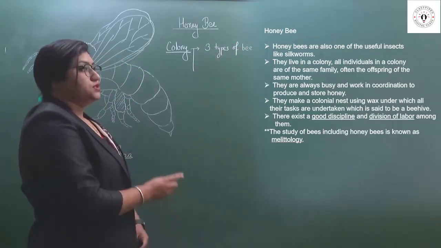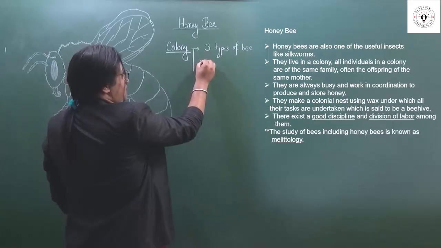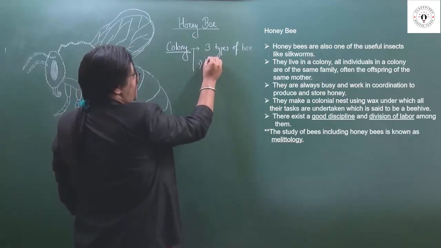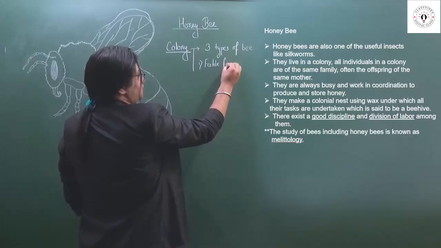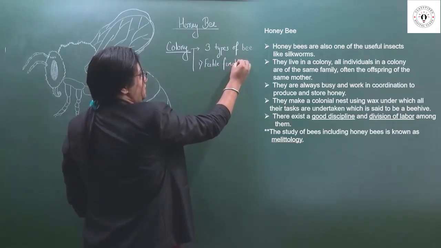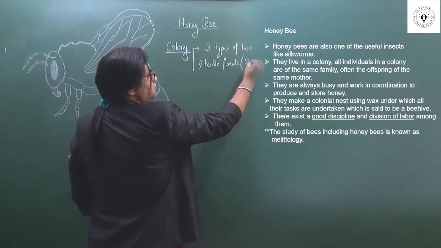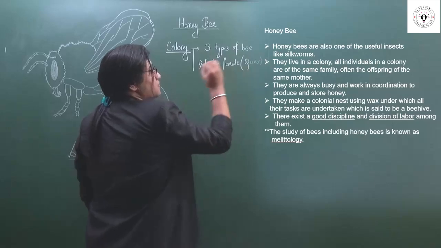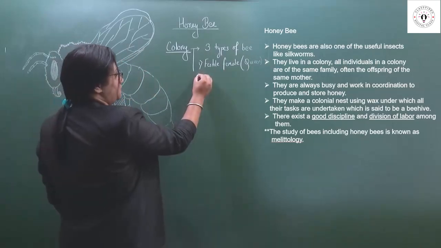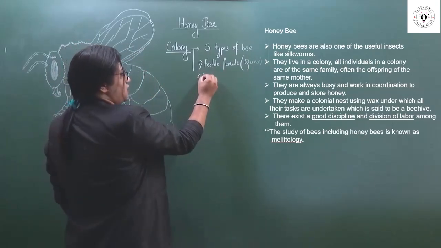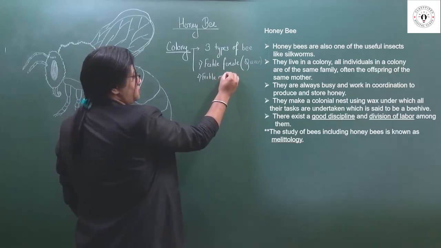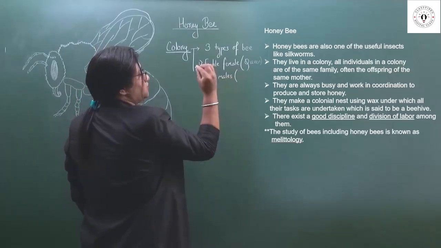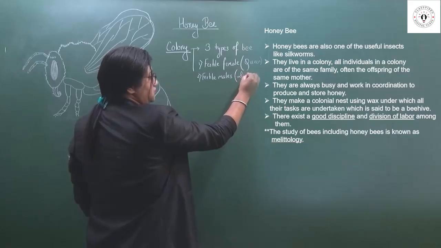Three bees. One, as we discussed last time, is the fertile female, which we take as the queen. Next, number two, is the fertile males, which are known as drones.